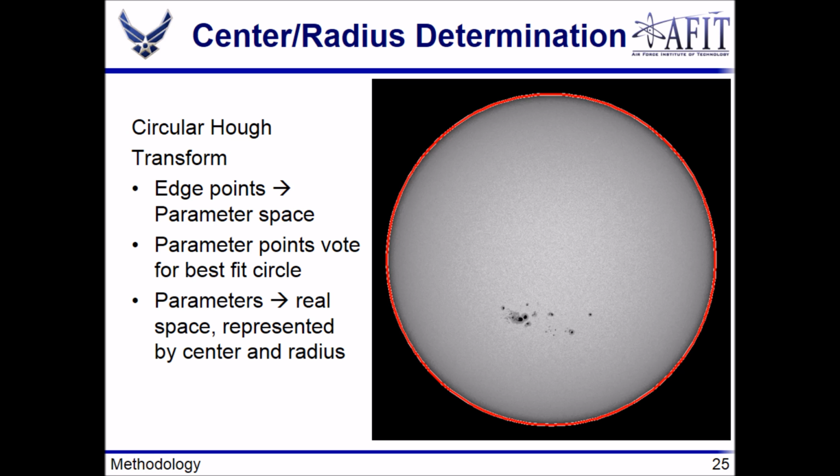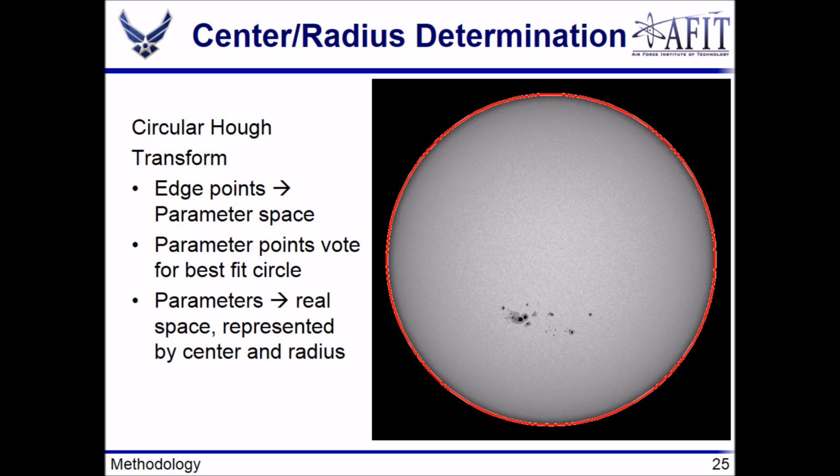And so to do that, I use what's called a circular Hough transform. The way I like to think of this is we have all of our edge points from the previous image, and we transform those into parameter space, which is essentially instead of x, y, and z, you have axes that are analogous to the parameters that you're trying to find.